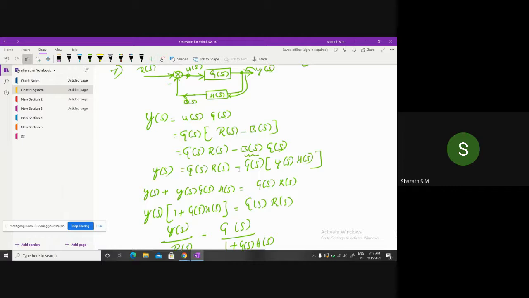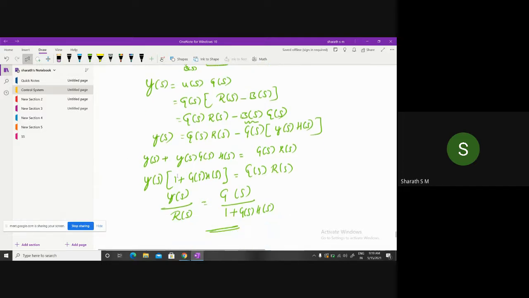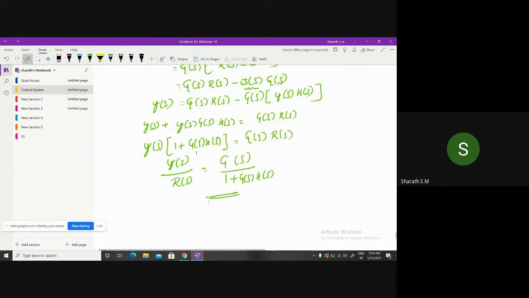So just look at this block diagram initially. We have an intermediate variable as U of S. Initially Y of S is equal to U of S into G of S. U of S is equal to R of S minus B of S. Afterwards, that B of S can be written as, here we have output variable as Y of S, that is the product of H of S. So just write on that, and then shift it to the LHS part, and take Y of S as a common factor, because we need an output in terms of output by input, that is Y by R. So that is equal to G divided by 1 plus GH.